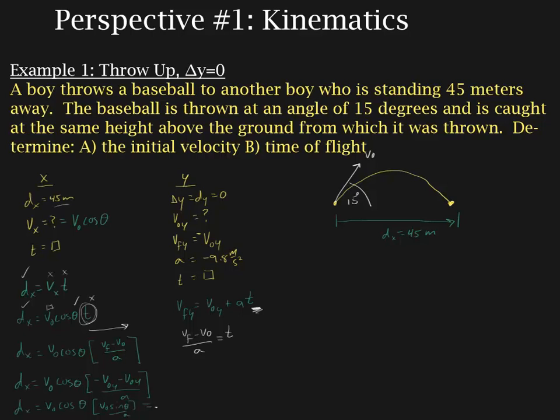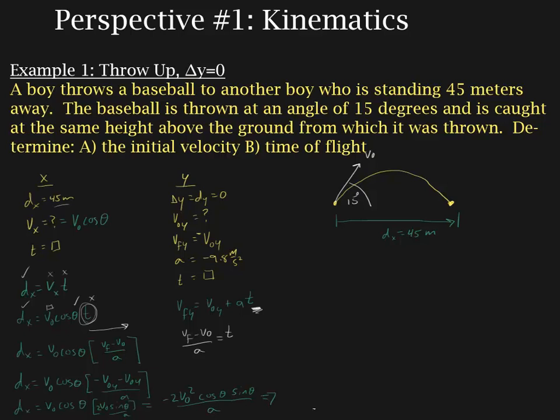So simplifying this a little further, we get, forgot my 2, we get minus 2 v initial squared cosine theta sine theta divided by a. All right, now all we have to do is solve this for v initial.